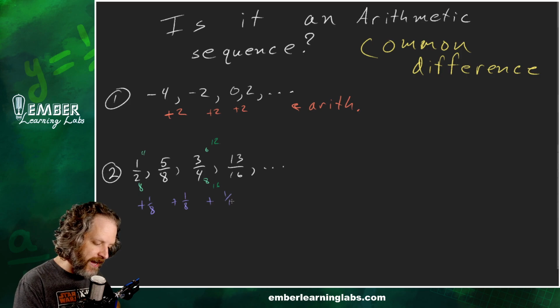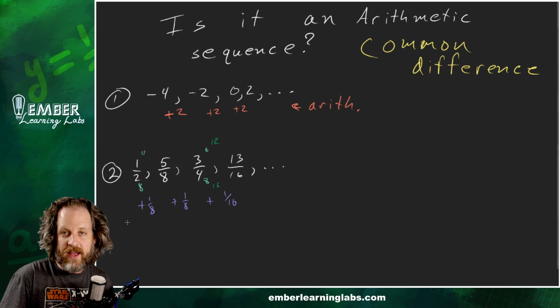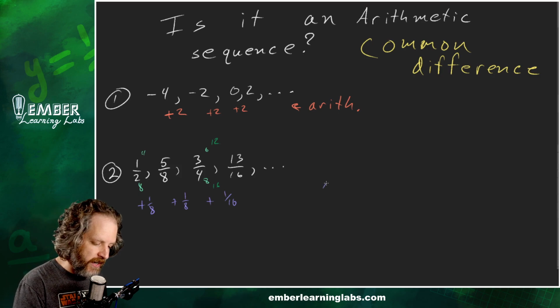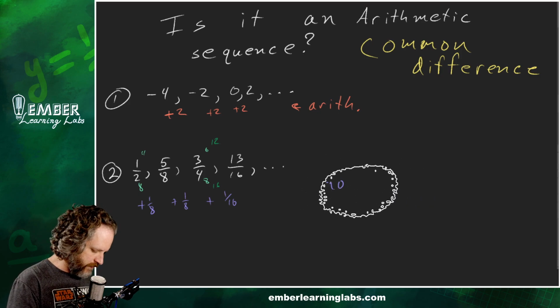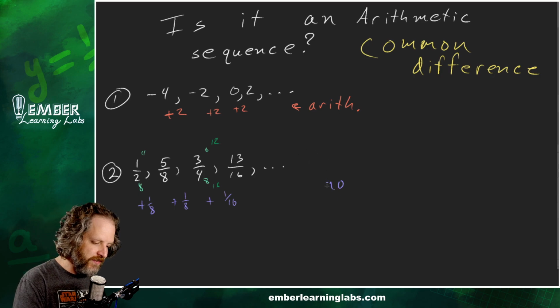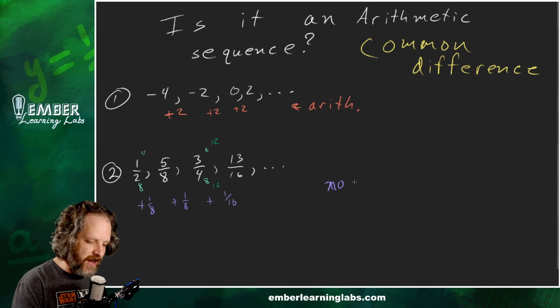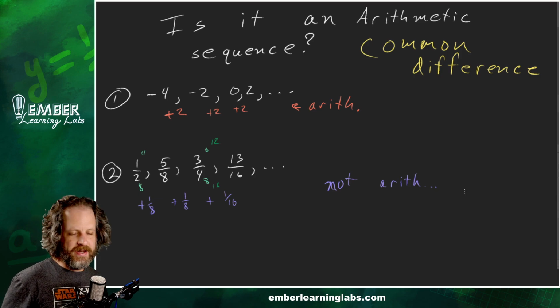So see, it doesn't have a common or the same difference all the way through. So this is not arithmetic, right? That was just too big. I thought I could finesse it, but no such luck. This is not arithmetic. So that's what an arithmetic sequence is.